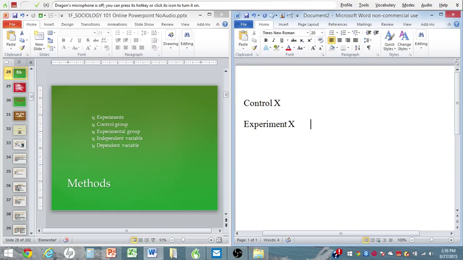So you actually do the experiment on them, and then you test them afterwards. This is more effective. So you might, for example, be looking at blood pressure medication, and you want to see if this blood pressure medication works.